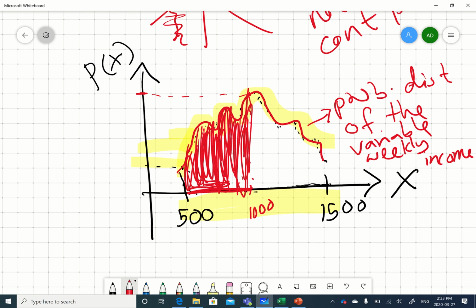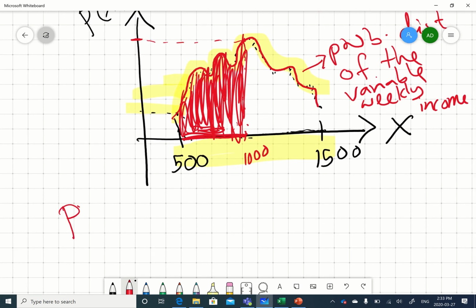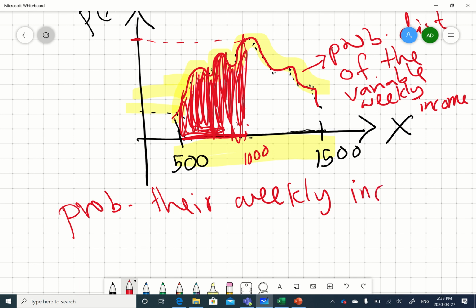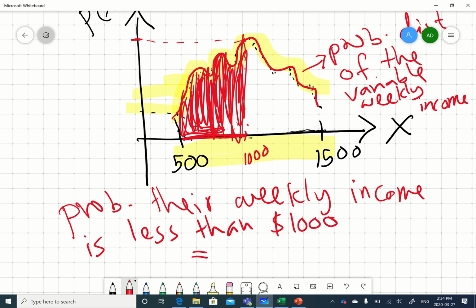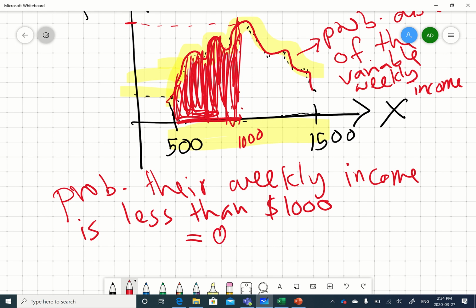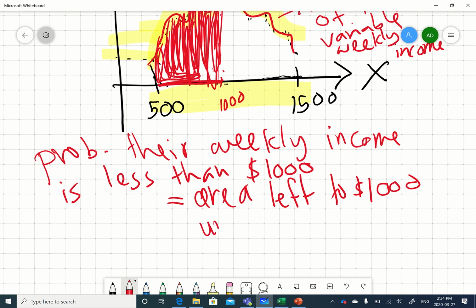area is actually equivalent to the probability reading. So the answer to the question, if I randomly pick some employee, what's the probability that their weekly income is less than $1,000, equals the area left of 1000 under the probability curve.